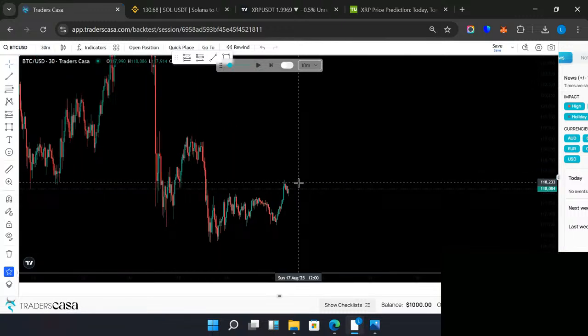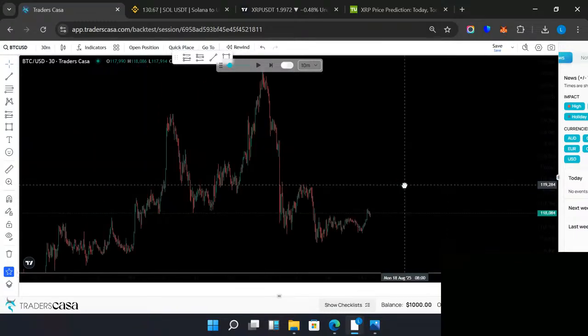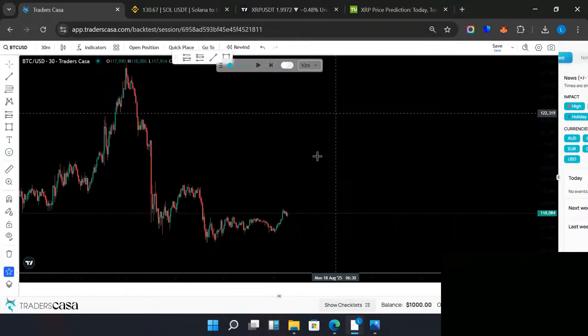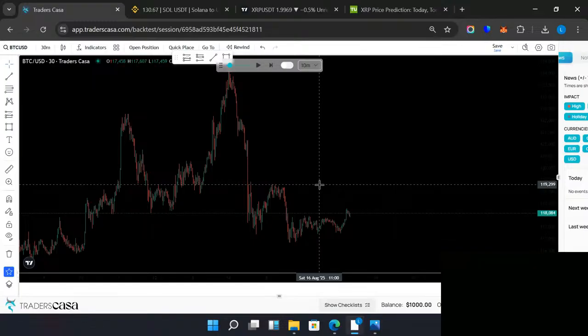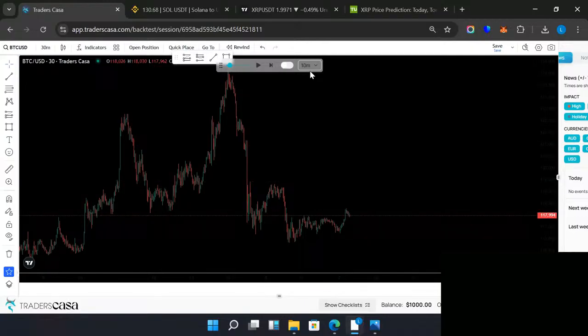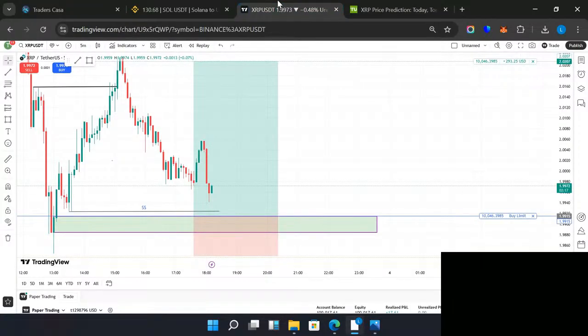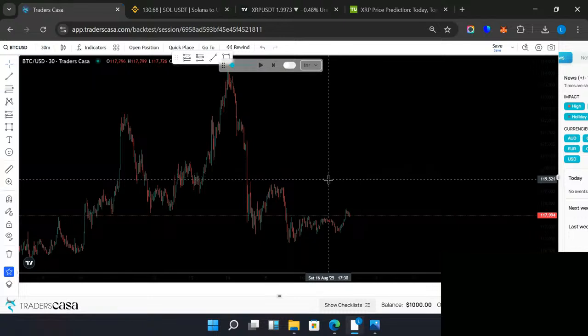Okay, so this is just a choppy market right now. If you look, yes, there is a kind of trend over here, which is a current downtrend, and because there is a break of structure right here, we're going to take this high. No, this is a bullish candle till now.